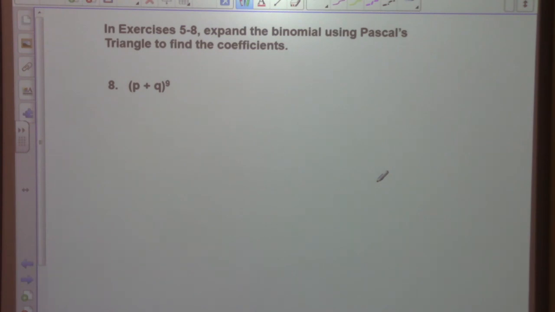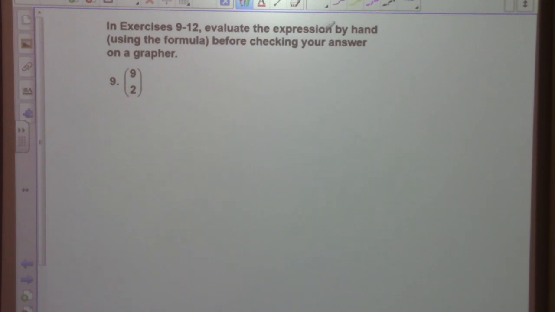Okay. I want to show you how to do 9 through 12. Nine through 12 is really an articulation of what we've already been doing. This one here, 9 up here and 2, can be written in the nCr form, which means n choose r, as 9 choose 2. And there's something on your ACP formula chart, which is right here.